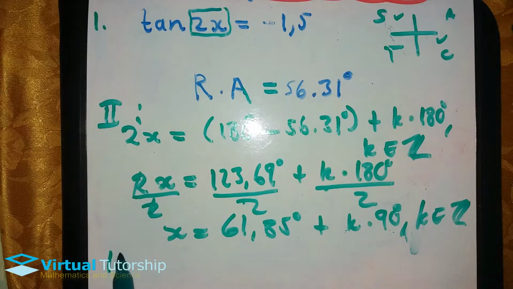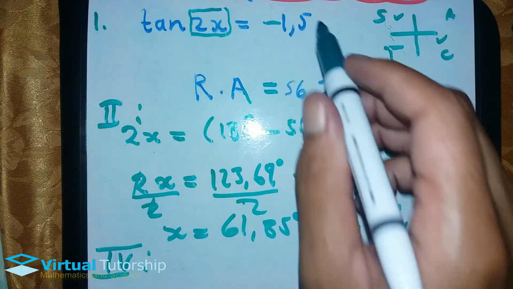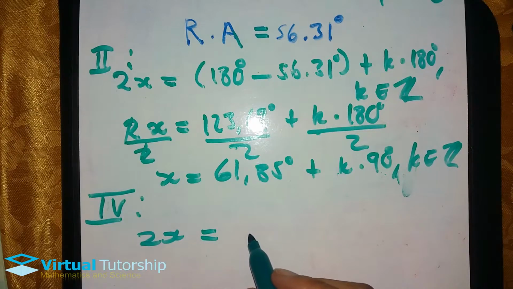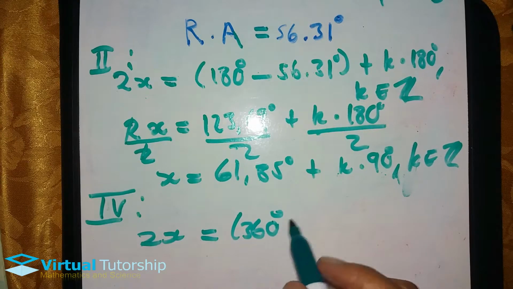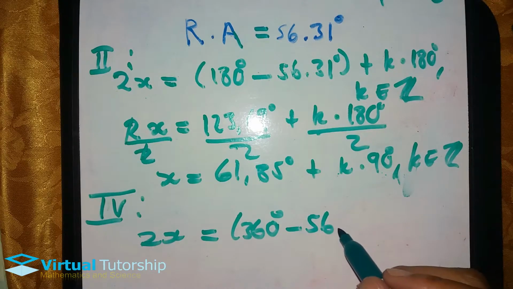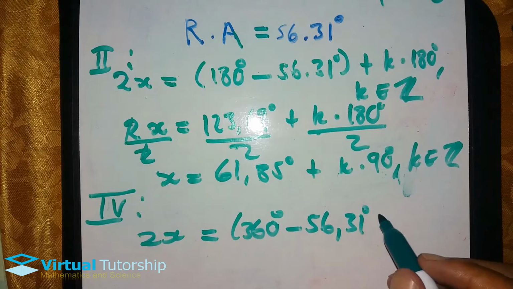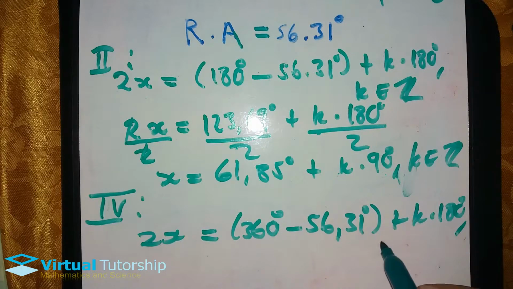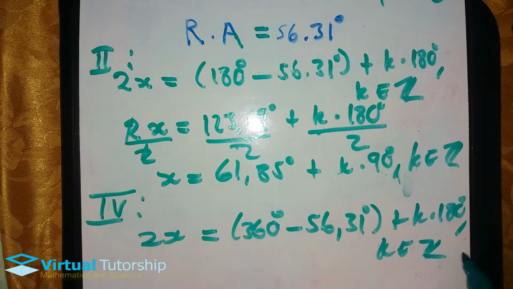So now for the fourth quadrant, the solution yam is 2x equal to 360 degrees minus 56.31 degrees plus k times 180, where k is the element of integers.